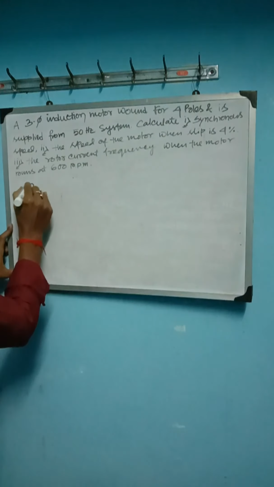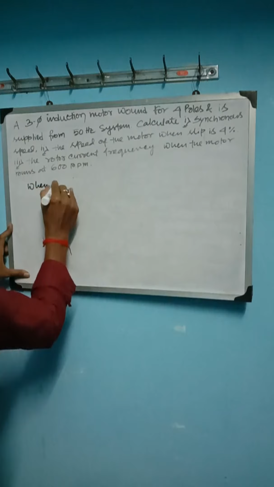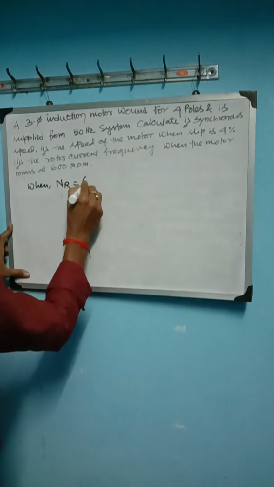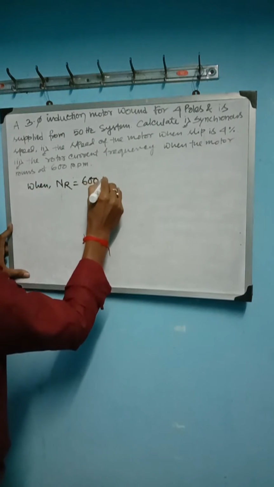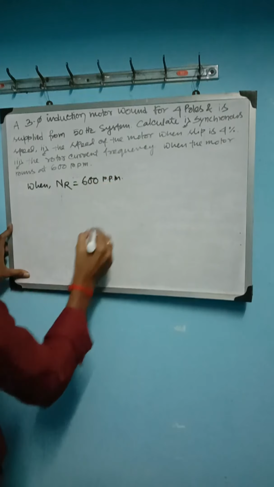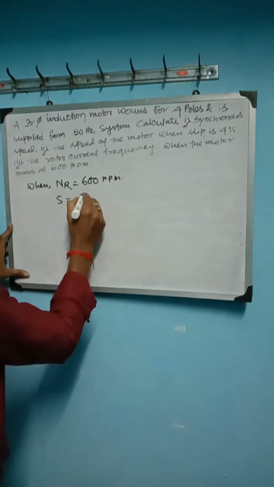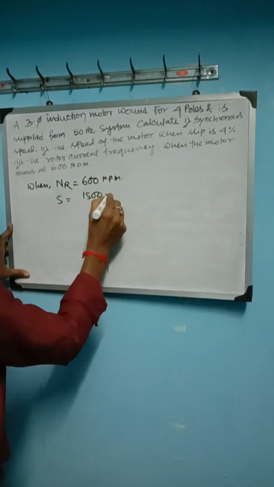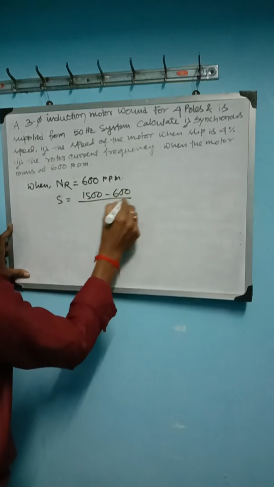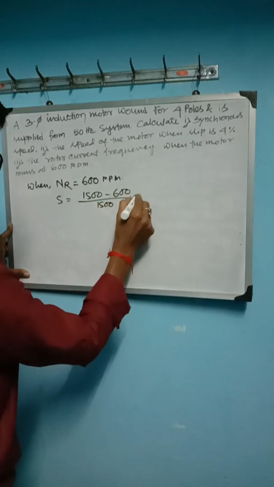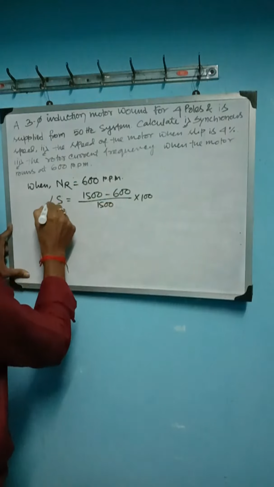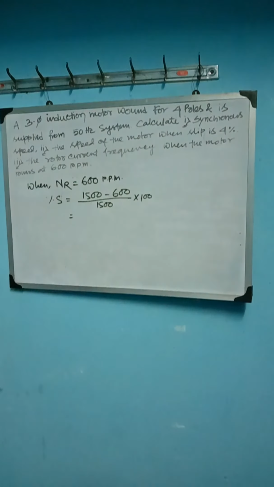So when Nr equals 600 RPM, the slip will be S equals, percentage slip will be, 1500 minus 600 divided by 1500.